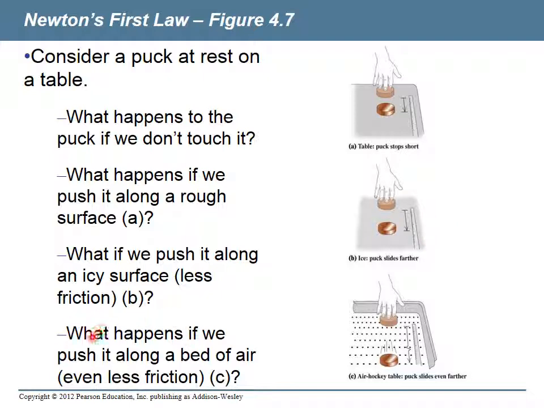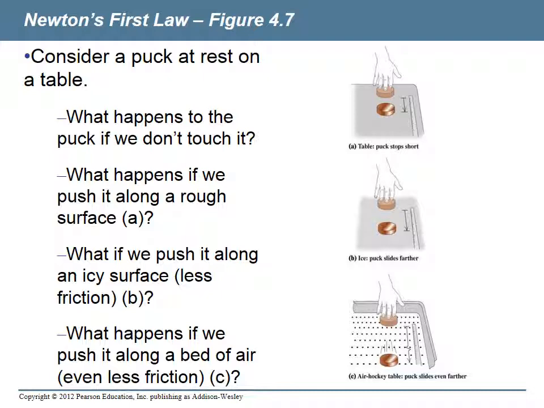If we push it along a bed of air, so there's even less friction, then it's going to move even further, right? This is something that we would know from everyday observations. If I reduce the friction even more, then I reduce the force even more, and it'll slide even further, because it only stops if there's another force acting on it to change the velocity, to accelerate it.